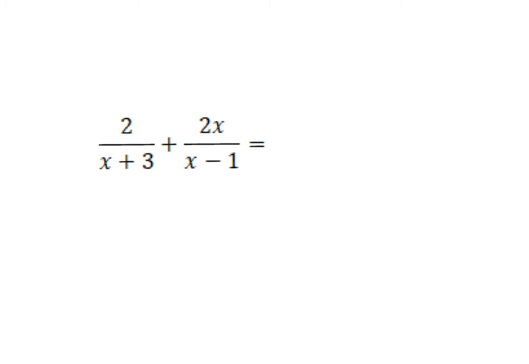We can see that we have different denominators, and since the denominators cannot be factored, the LCD, the least common denominator, will be the product of both denominators. So we're going to find the LCD first, which will be (x + 3)(x - 1).